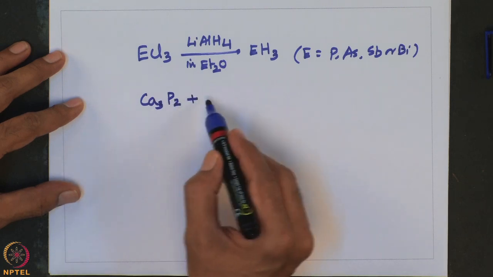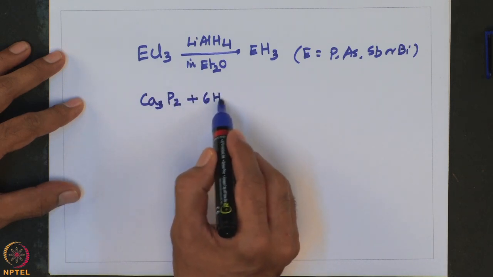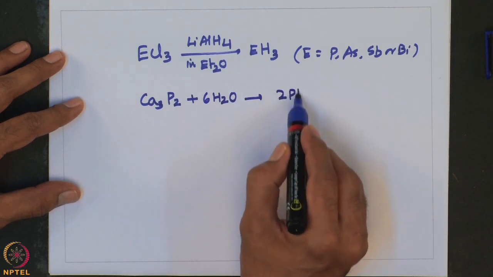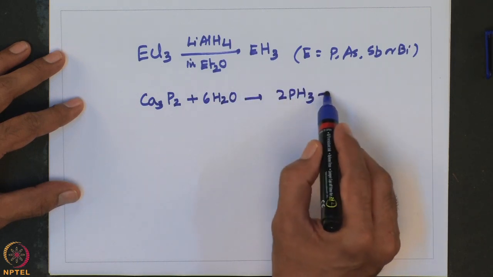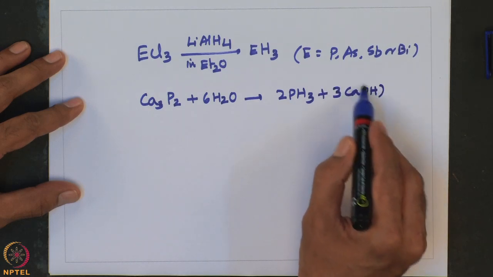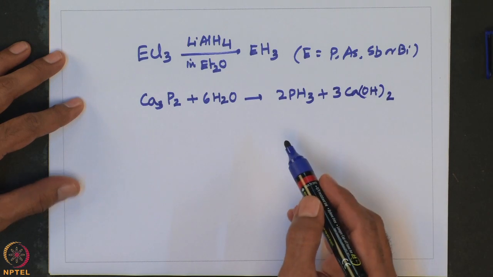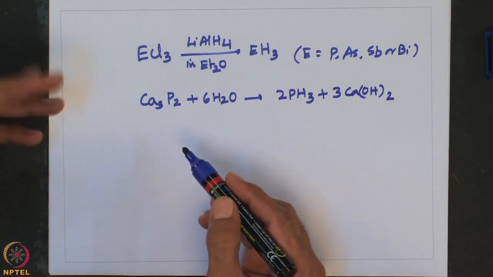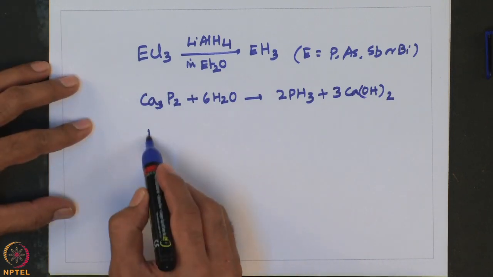For example, Ca3P2 plus 6 H2O gives 2 PH3 and 3 Ca(OH)2. Or one can take a phosphonium ion and treat that one with an alkali.